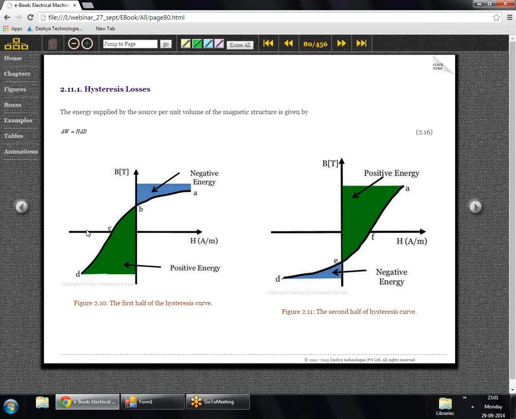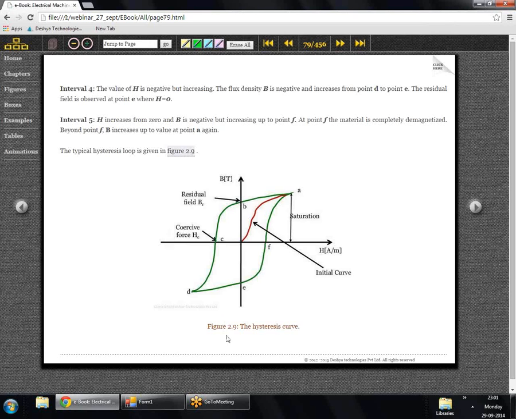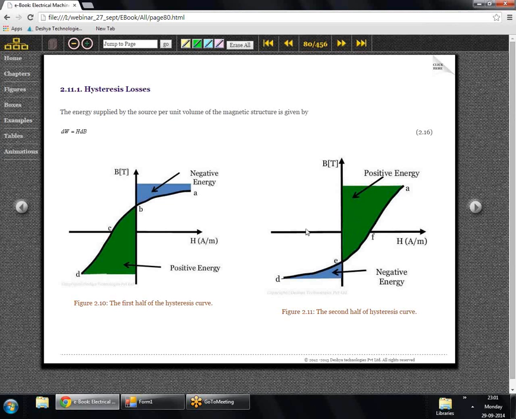hysteresis losses. So the previous hysteresis loop, which is shown here in figure 2.9, is divided into two separate halves. Now to calculate the hysteresis losses, we use expression 2.16.